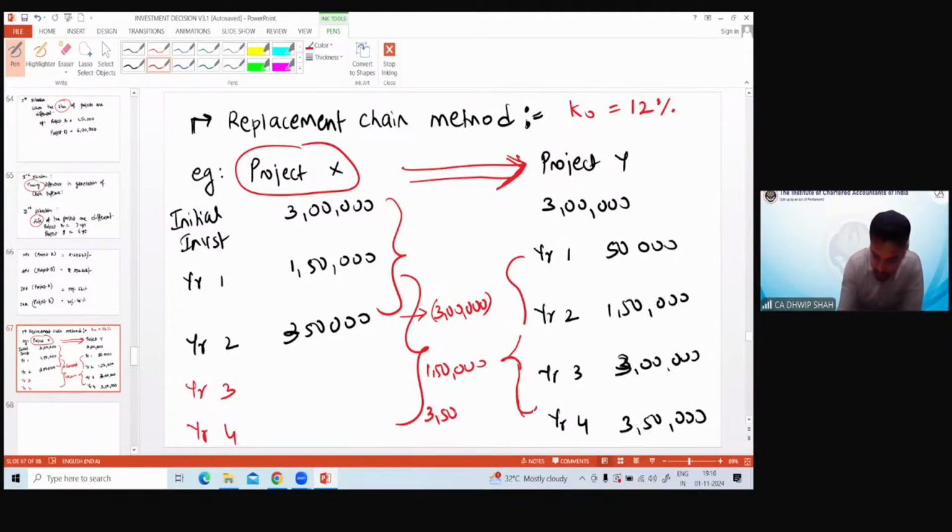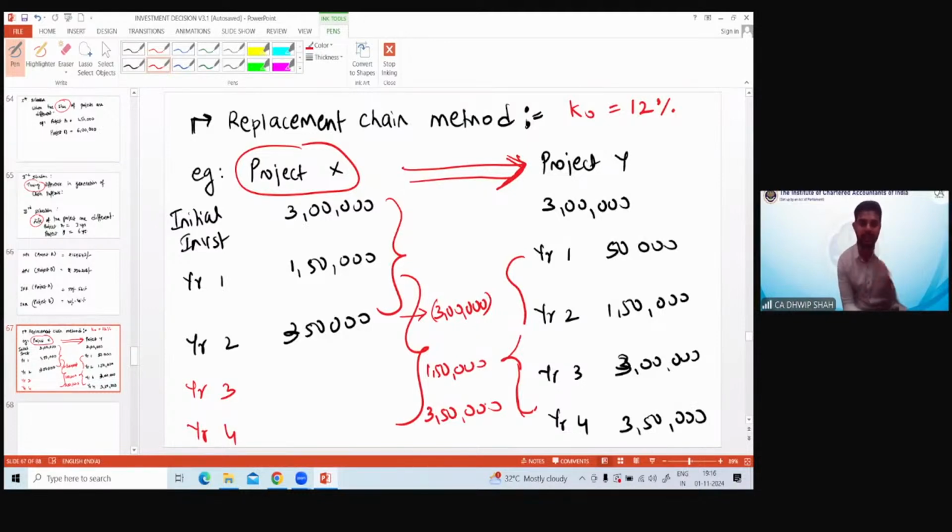Are you getting this? The entire project, I'm taking it one more time to make it comparable with project Y. This is what the replacement chain method says.